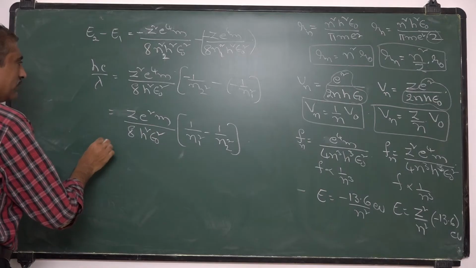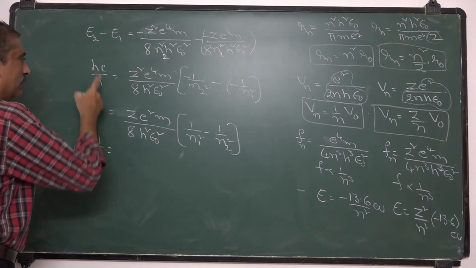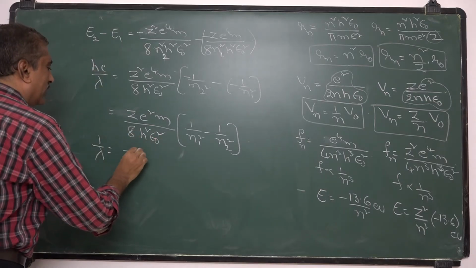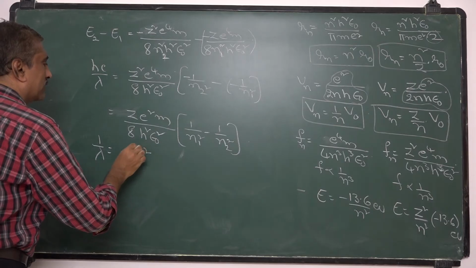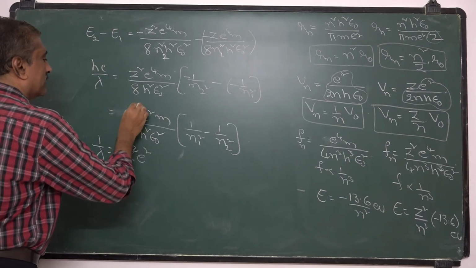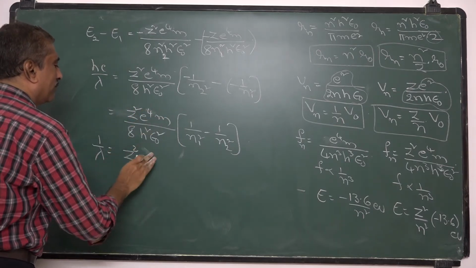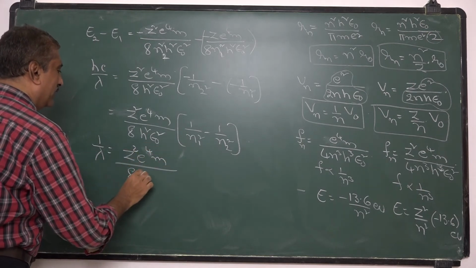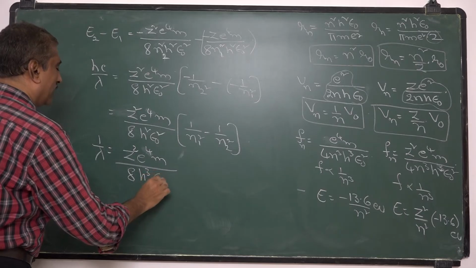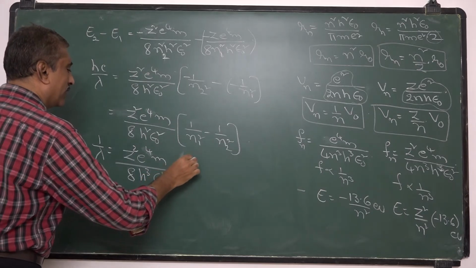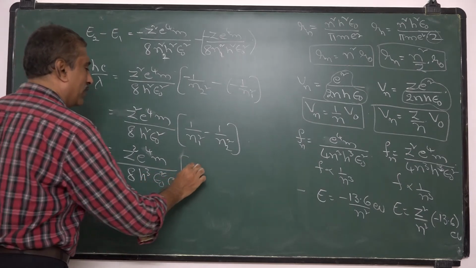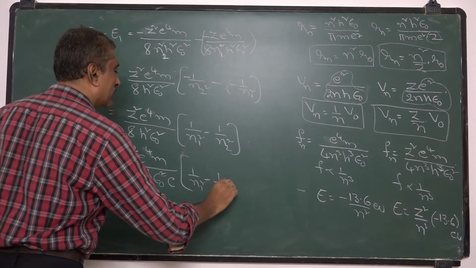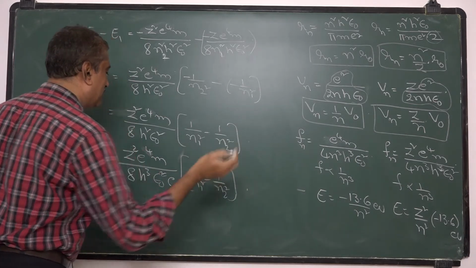So from this equation, 1 by lambda is equal to, writing the h here, Z square e power 4 m by 8 h cube epsilon naught square c into 1 by n1 square minus 1 by n2 square.